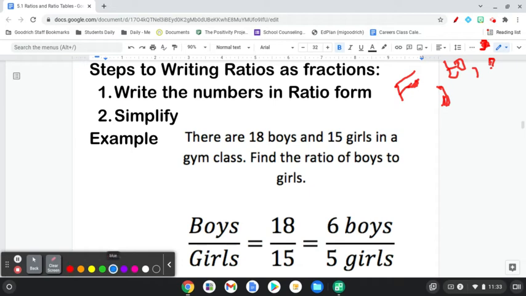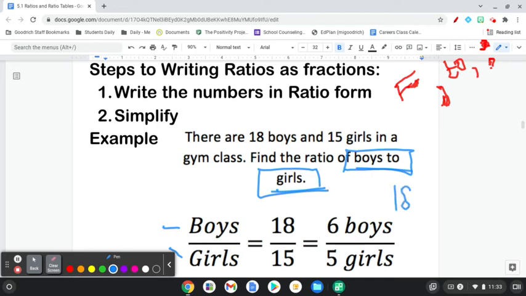So for example, here we have 18 boys and 15 girls in a gym class. So I want to know the ratio of boys to girls. So my numerator is boys and my denominator is girls. This order here matters. So 18 to 15, or simplified, 6 to 5, 6 boys to 5 girls.